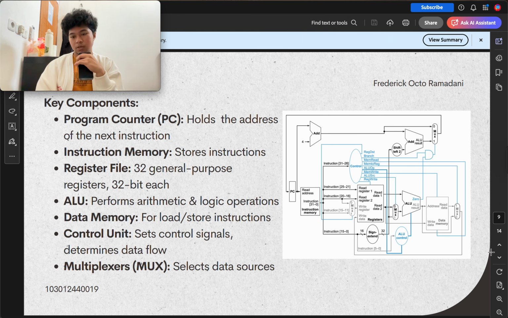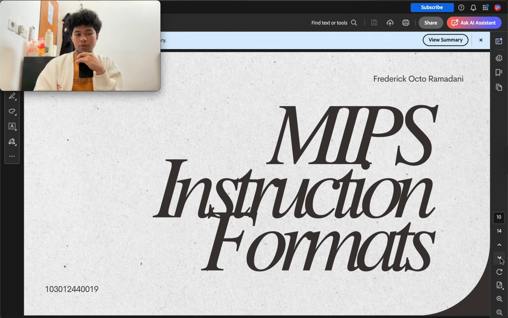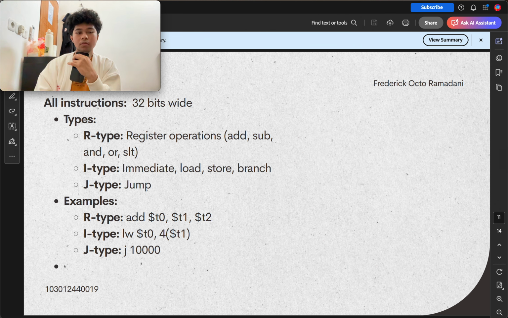Let's get into the next material. Now let's talk about MIPS instruction format.